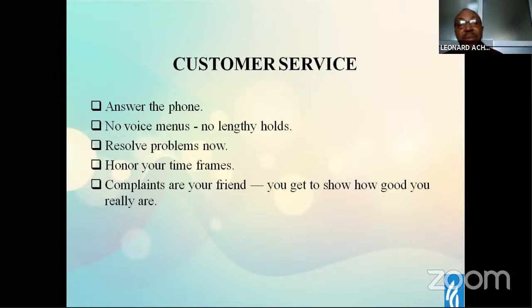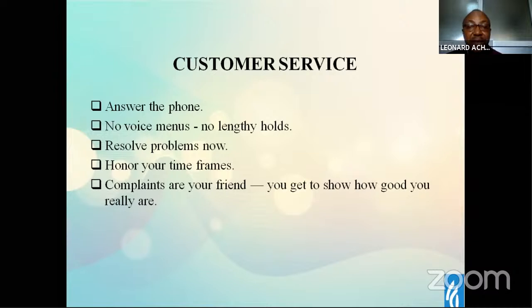And so, where you are not able to meet your customer face to face and it's through phone call, please respond to all calls appropriately, in a very polite and courteous manner.